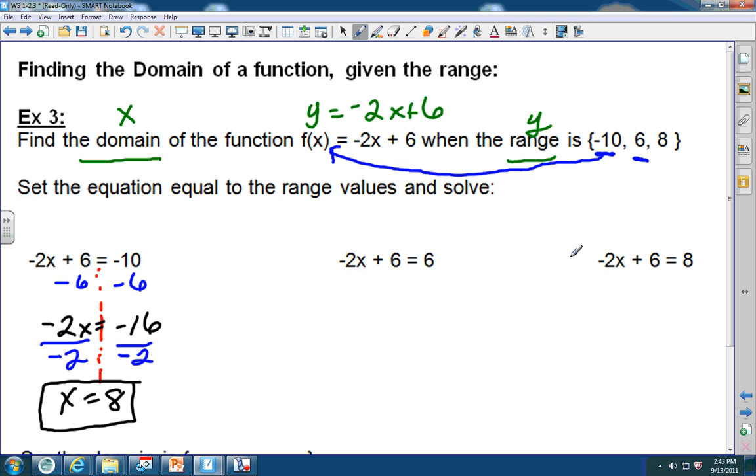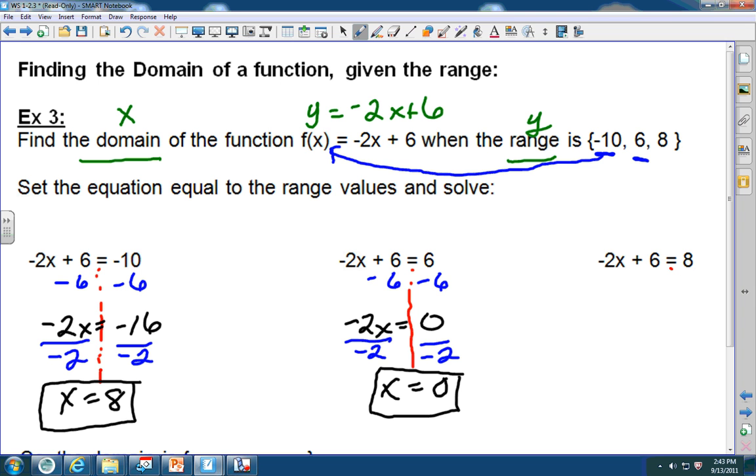There's my first one. The next one, I'm going to subtract 6 from each side. -2x equals 0. I'm going to divide by -2. X equals 0.